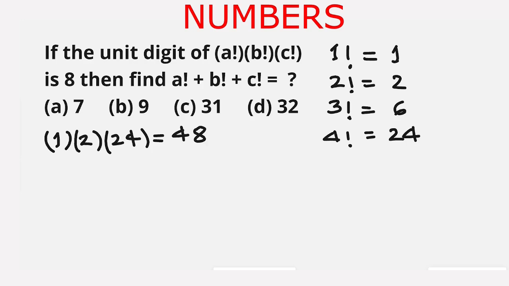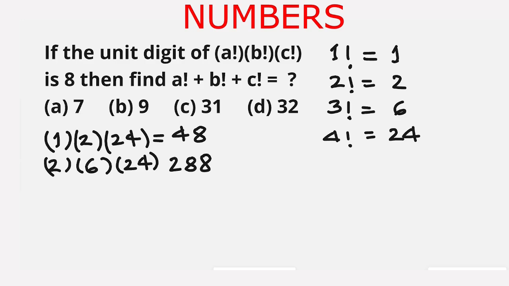This is one where we have the unit digit 8, and 2 factorial is 2, 3 factorial is 6 and 4 factorial is 24, and 2 multiplied by 6 multiplied by 24 gives 288, and both have unit digit 8. Now we have to find the sum. So the sum of 1 plus 2 is 3 plus 24 is 27, but that is not our option. So we cannot take 1 factorial plus 2 factorial plus 4 factorial.